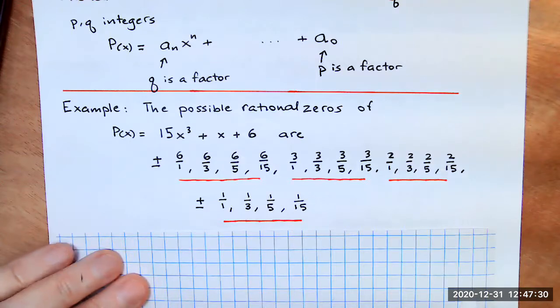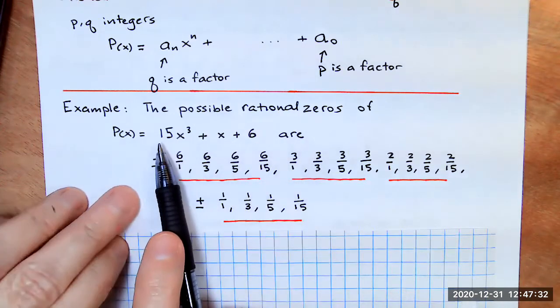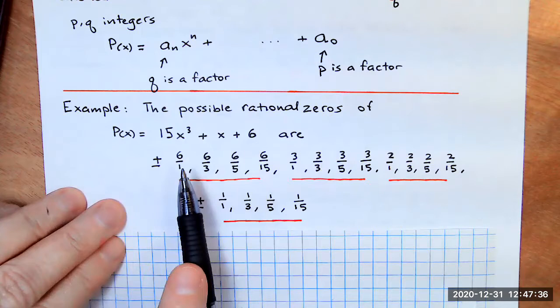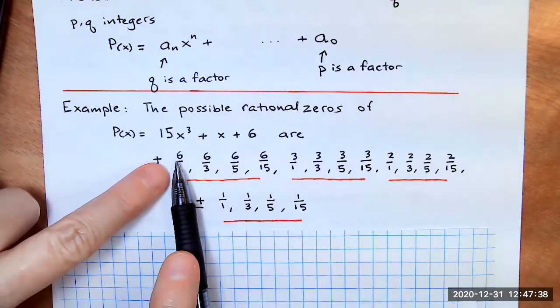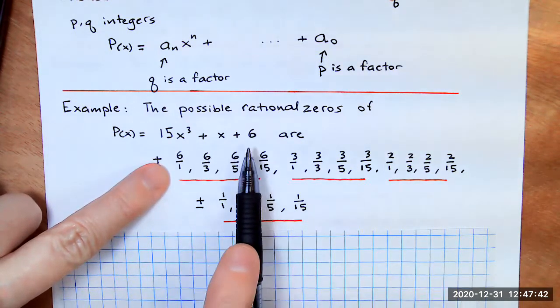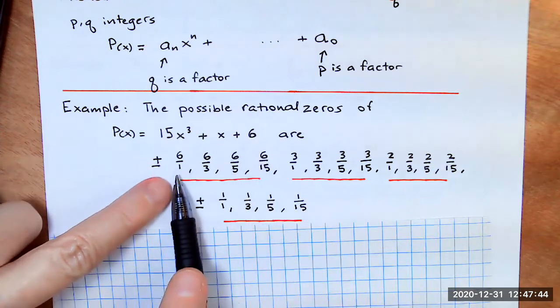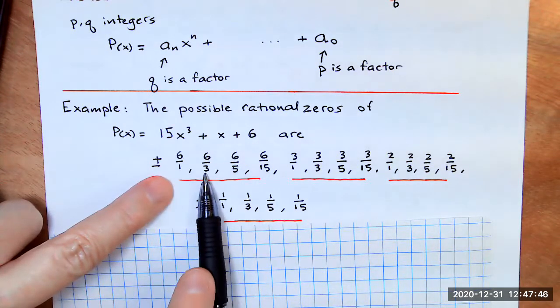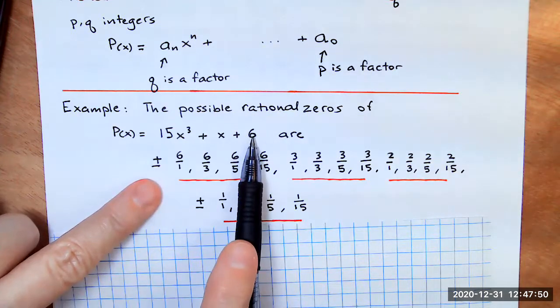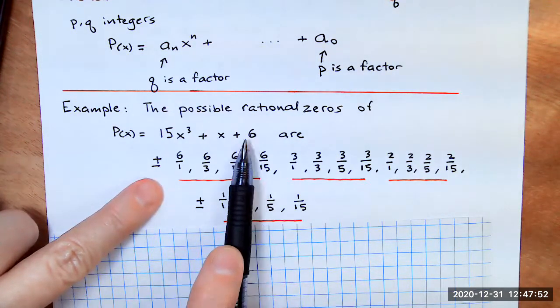So the possible rational zeros of 15x cubed plus x plus 6 are, so basically we have to list the possible factors of the last term divided by each of the possible factors of the first term. So 6 goes into 6.